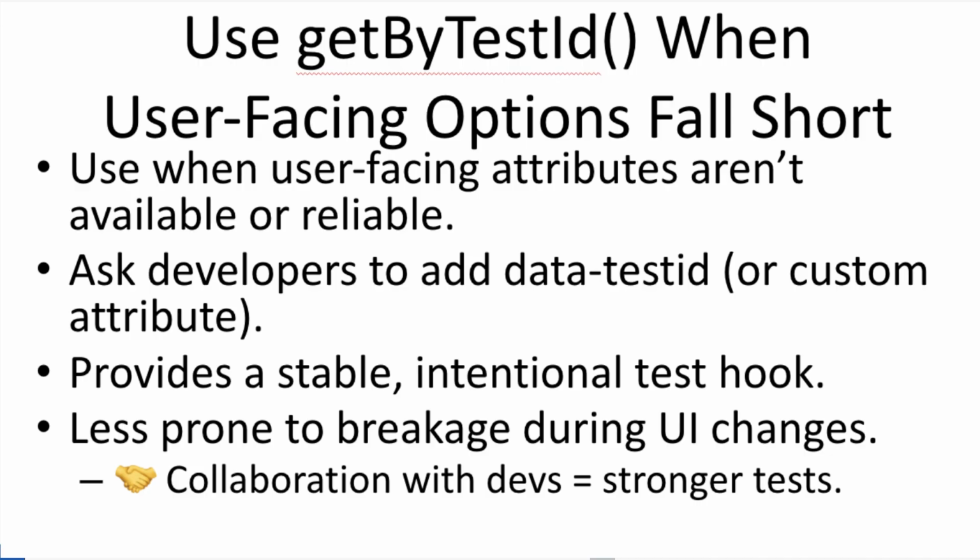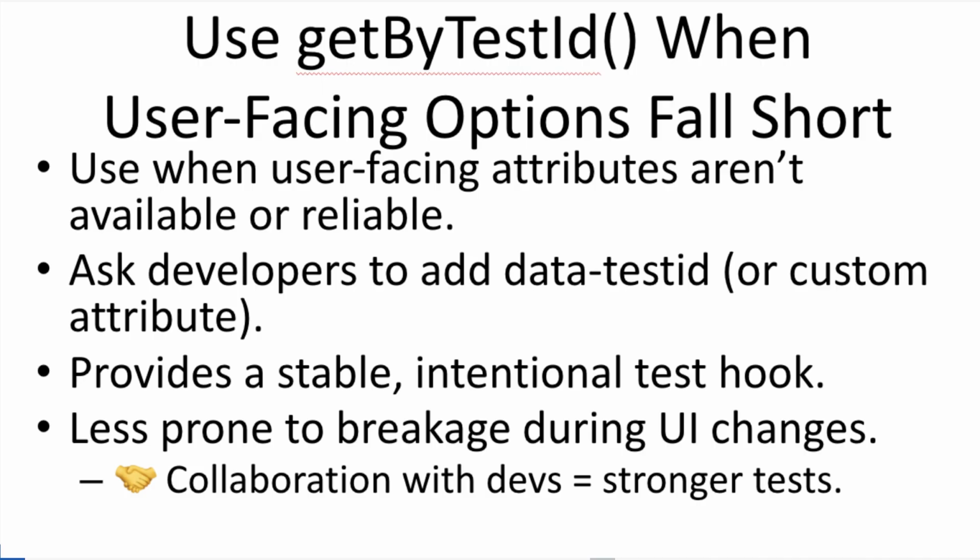You will still be confident that your custom attribute, the agreement that you made with your developer, is there, and your tests are stable and more robust and they still pass despite the fact that the developer changed other attributes or other things in the DOM.